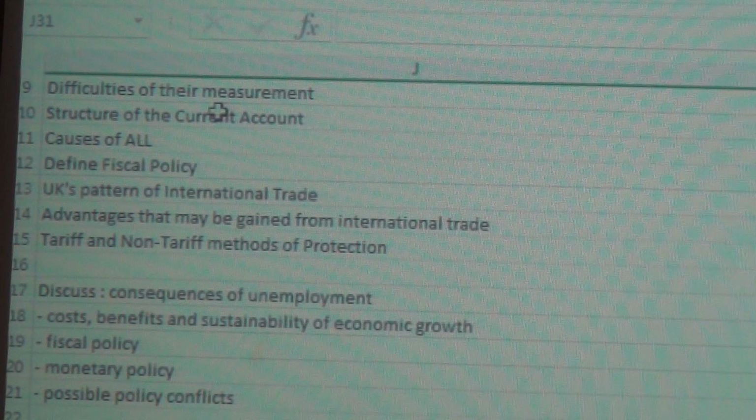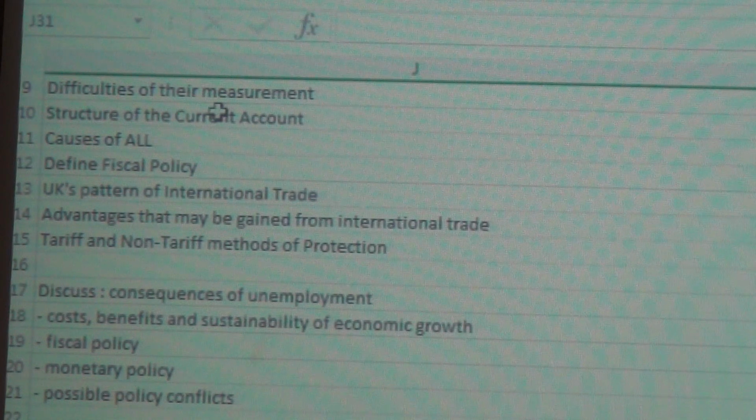All of these terms could be key issues on this paper, and certainly something I'm going to look at quite closely with my students.